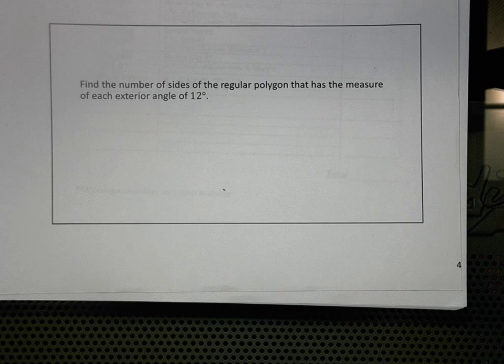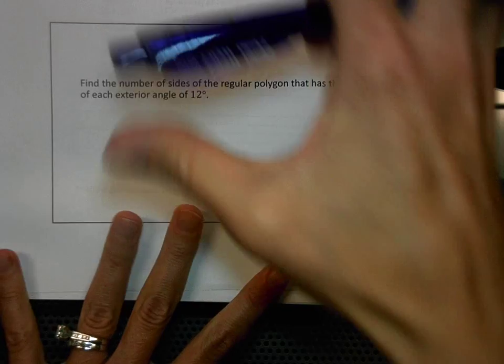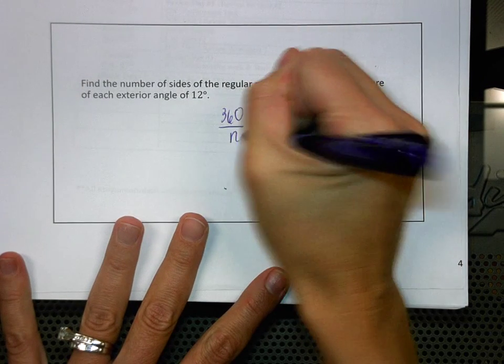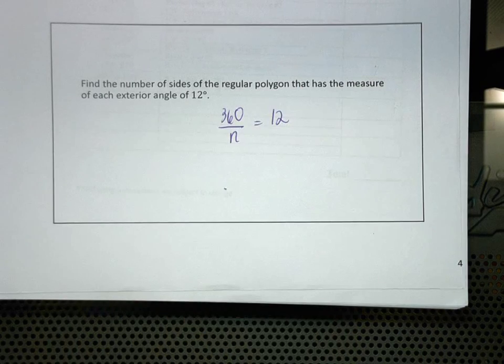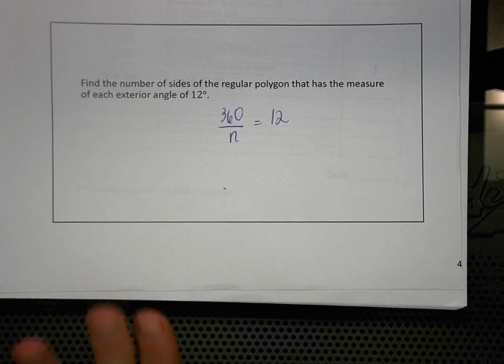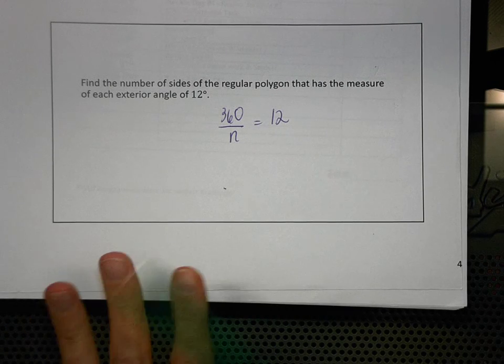All right. So what is the formula for finding exterior angles? Okay, so do I know the number of sides right now? No. And so what we do is we go 360 divided by n equals 12. So we know that 360 divided by something equals 12. Mathematically solving this, Josh, what would I do to get rid of the n in the denominator?